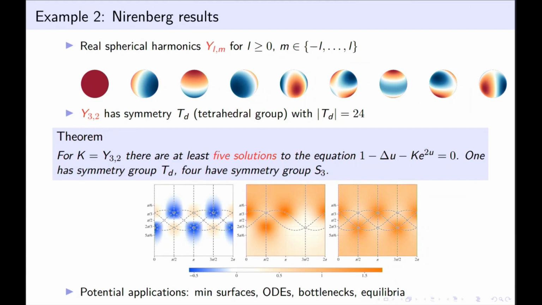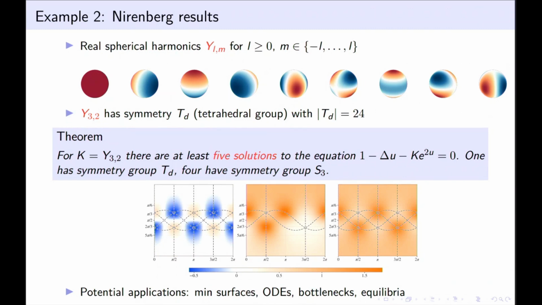You can see they have these white regions here. And then we have 5 of degree 2, and so on and so forth. Then I got bored of drawing them, but you can go up to higher and higher degree. And Y 3,2, that's the SH 3,2 from the previous slide. That's one of the mystery spherical harmonics. We didn't know, well, now we do, if this Nirenberg problem has a solution for this particular function.